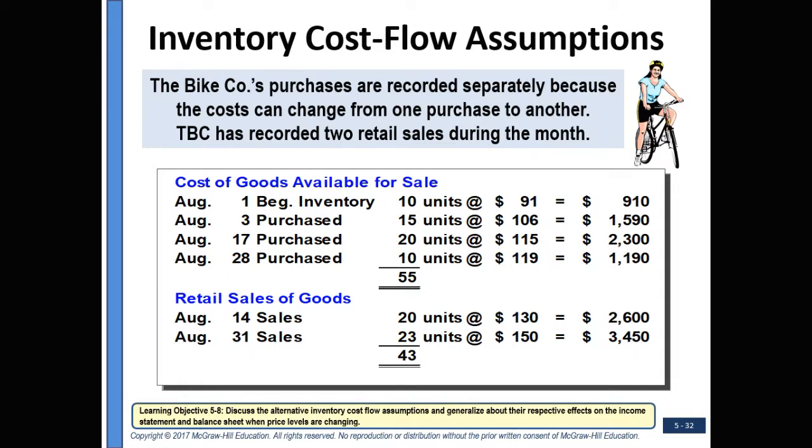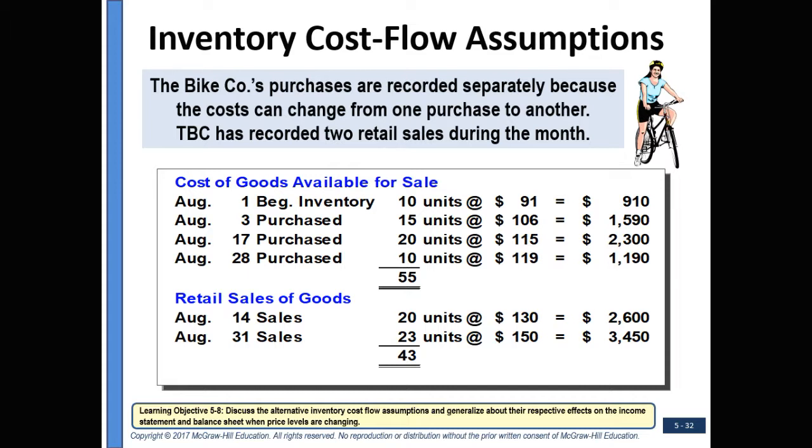So we're going to look at the bike company. Their inventory consists of beginning inventory as of August 1st. They had 10 units at $91 on August 1st. They had 3 purchases on August 3rd, August 17th, and August 28th, bringing them to a total of 55 units.